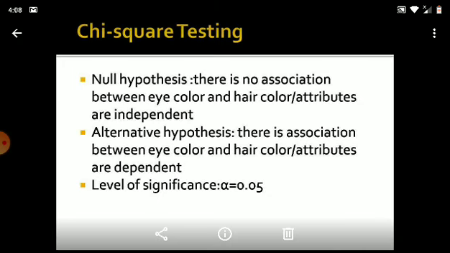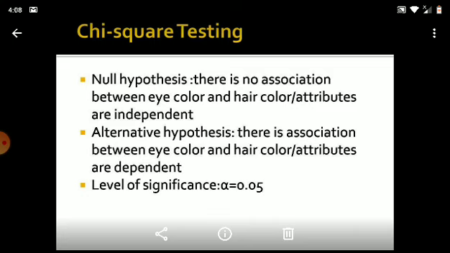Now for chi-square testing of attributes, first of all, you all know that whenever we test something, we have two hypotheses. One is the null hypothesis and the other is the alternative hypothesis. The null hypothesis is the one formulated for possible rejection, and the alternative is the alternative one. If the null hypothesis is rejected, then we go for the alternative hypothesis.